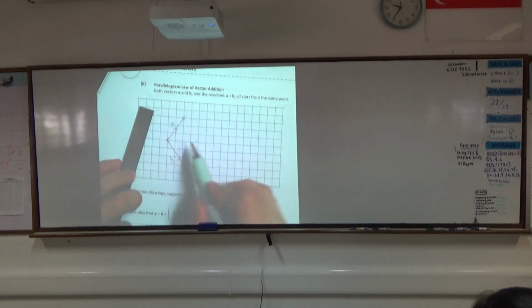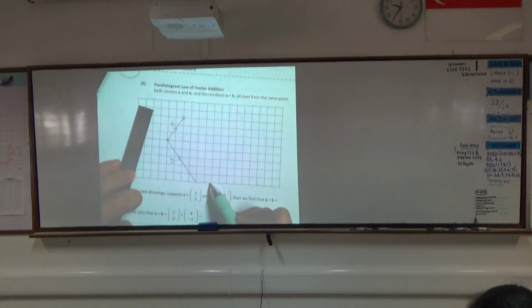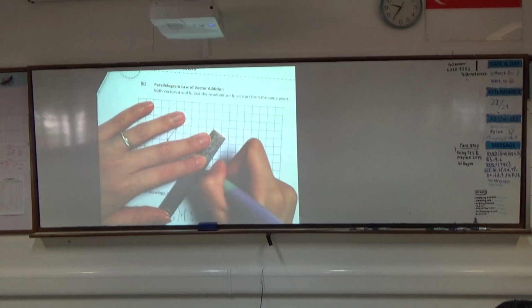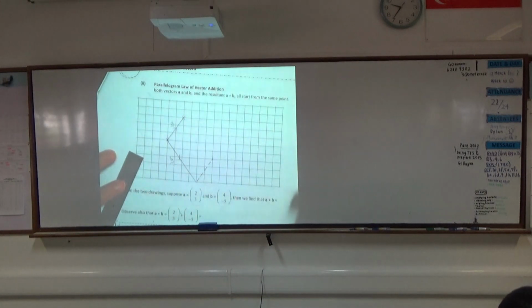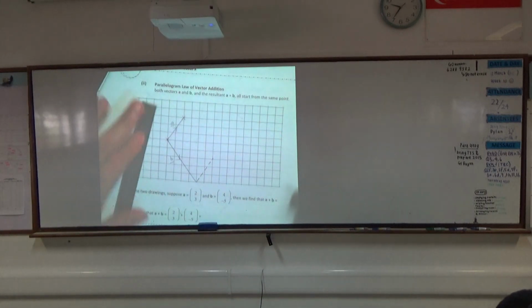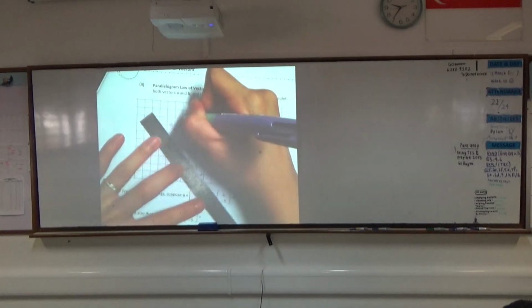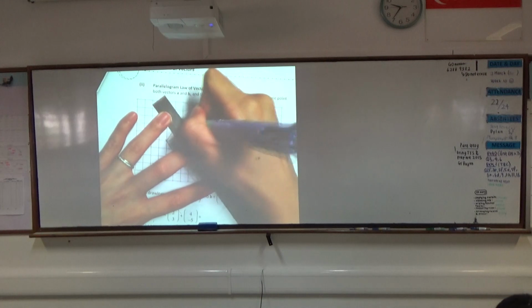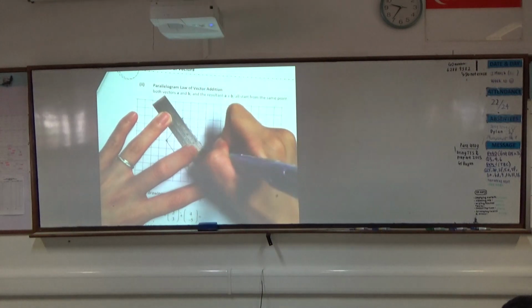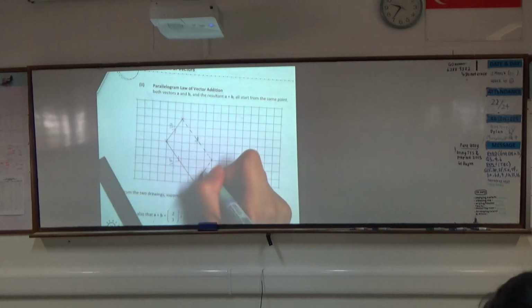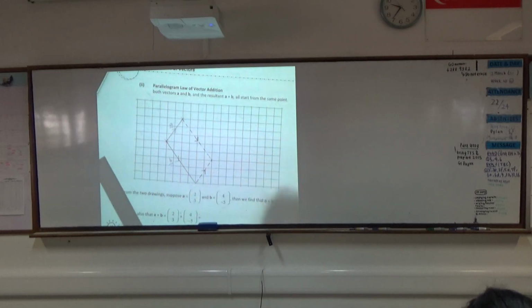So we likewise do 2 and 3 up here with a dotted line. And then for the vector B, we also draw a parallel one. So this is the vector B that's parallel, and this is the vector A that's parallel.